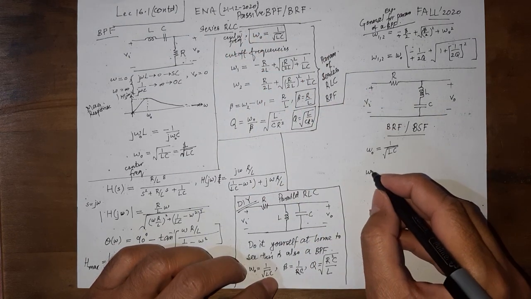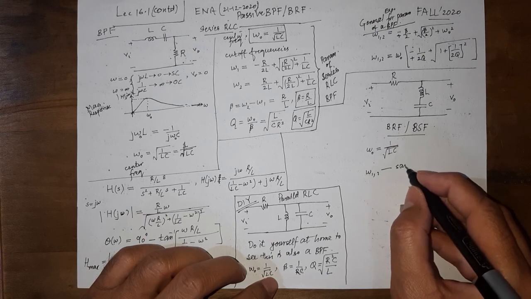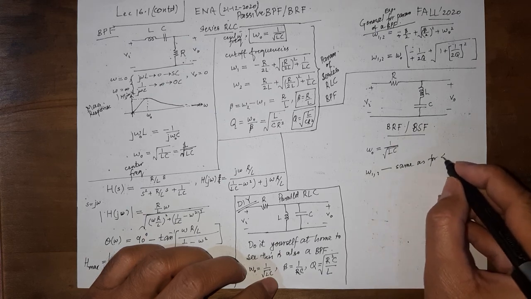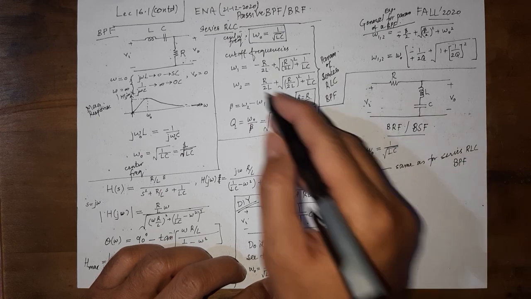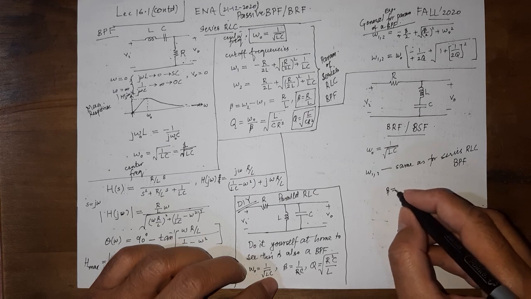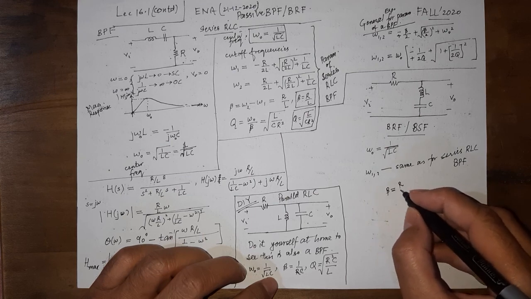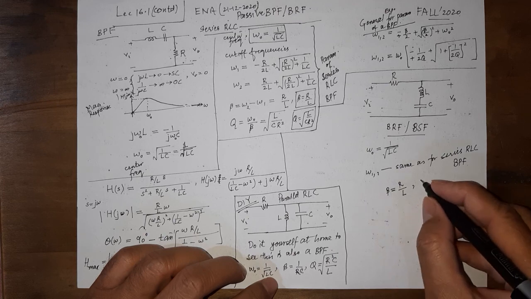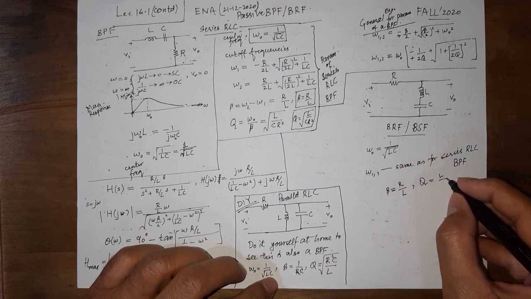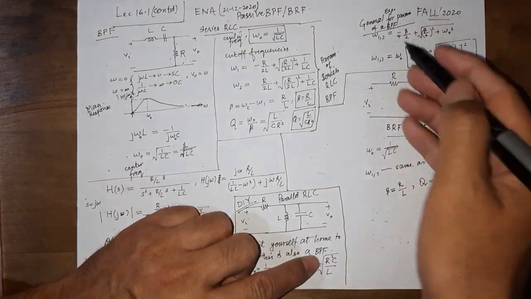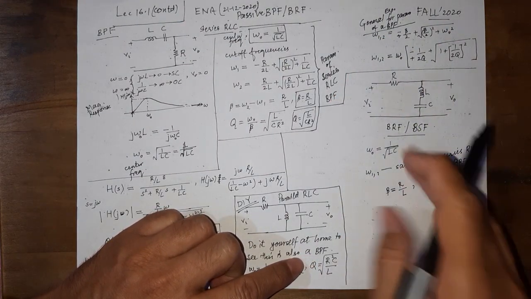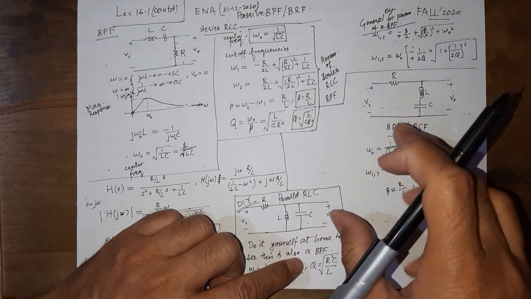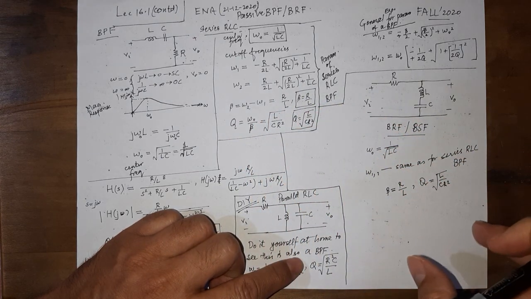The omega 1, 2 expressions are exactly the same as for the series RLC band pass filter, that is this case, and the beta is still equal to R by L, and the Q would still be equal to square root of L over C, divided by R. So these generalized expressions should be known, because they come in very handy for various circuits, and you should know each and every specific circuit and their expressions as well.